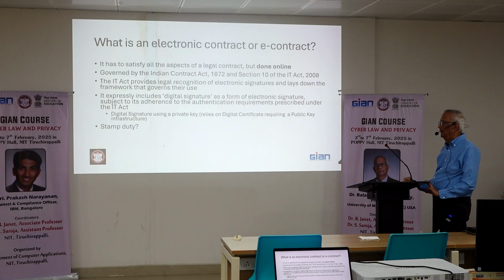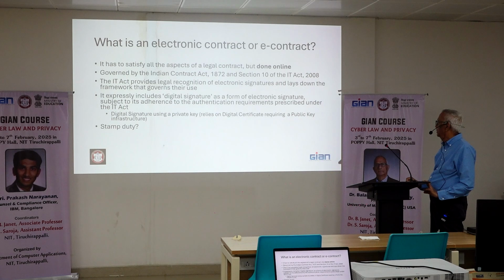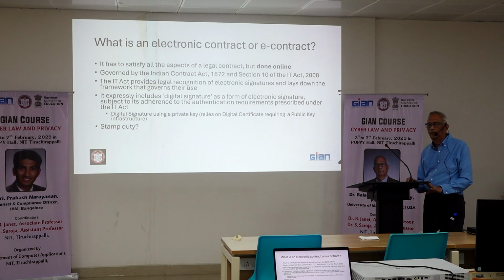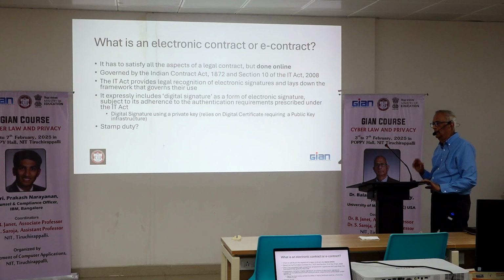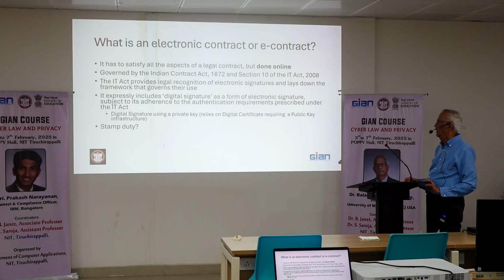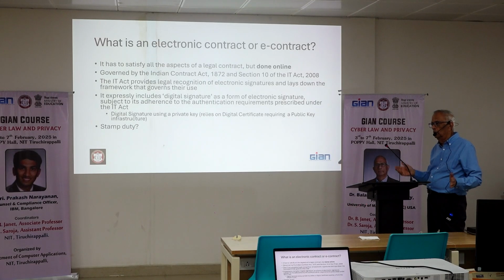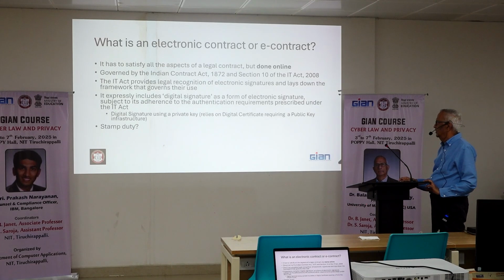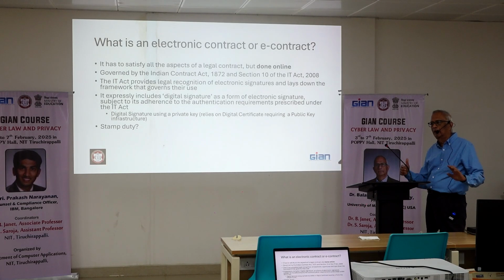The IT Act also includes what we call digital signature as a form of signature, subject to its adherence to the authentication requirements prescribed under the IT Act. Essentially, the IT Act supports what is universally known as the digital signature, using a private key, or relying on a digital certificate requiring a public key infrastructure, plus it allows other forms.